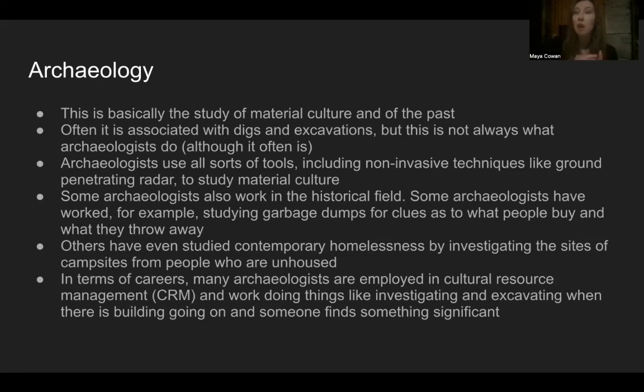They have a lot of other non-invasive tools besides excavation, such as ground penetrating radar. That's a really common way of studying archaeology, and it's basically a machine that goes over the ground and uses radar to see what's below the surface. So you don't always need to excavate. It's not always appropriate to excavate, but archaeologists can often still see what's down there.